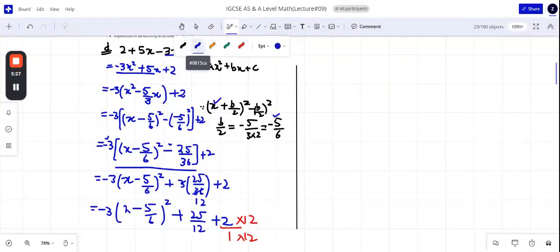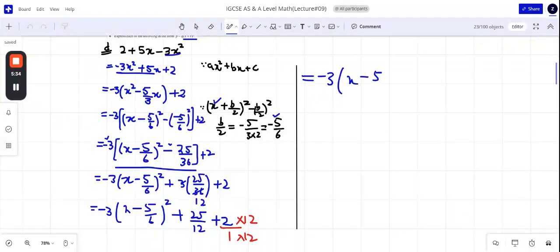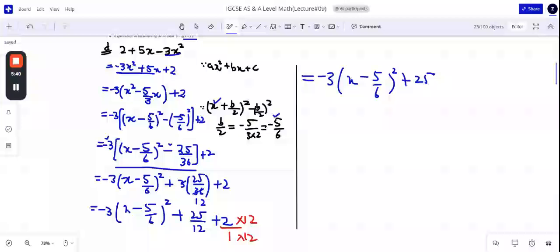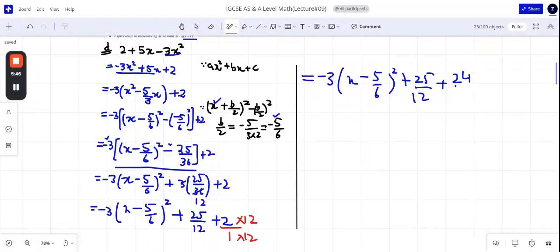Then it becomes minus 3 into x minus 5 over 6 whole square, plus 25 over 12, and plus 12 times 2 is 24 over 12. Now both the denominators are the same, so we can take the LCM.